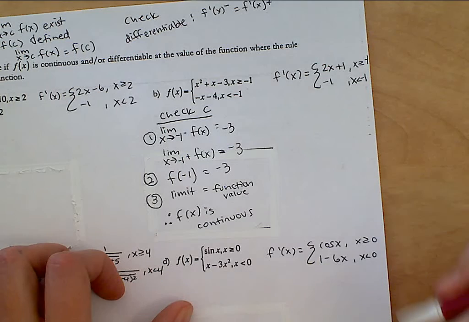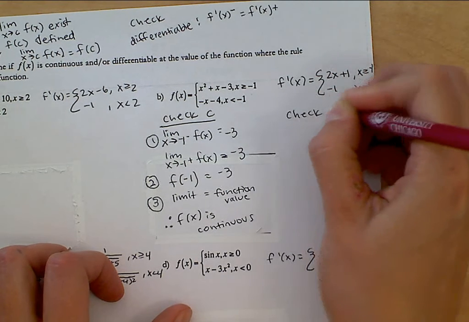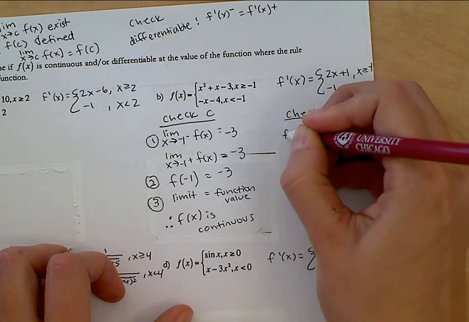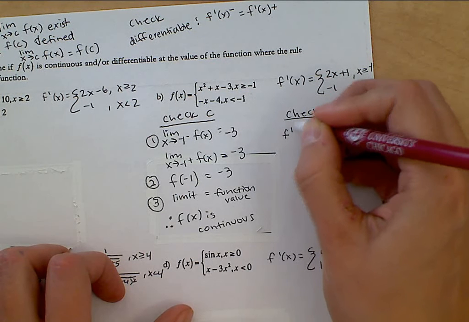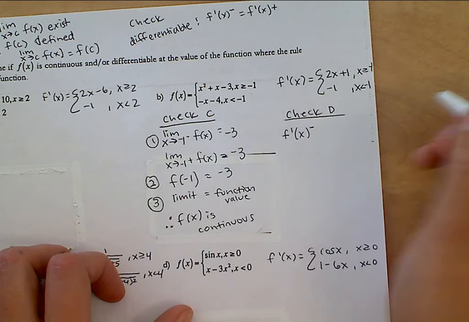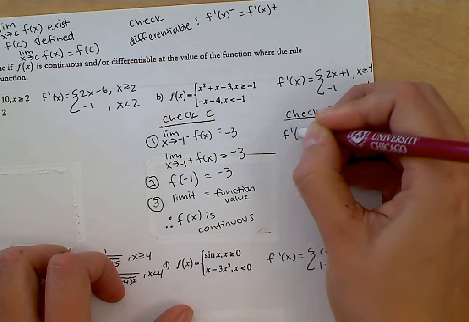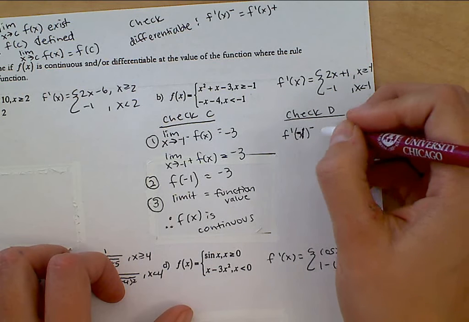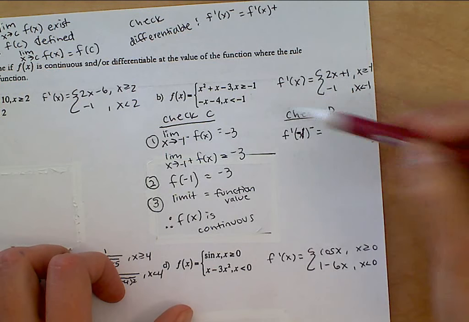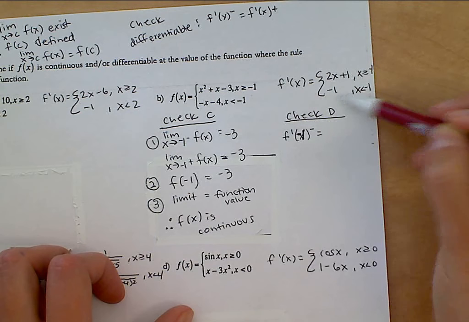Just because I know it's continuous doesn't mean I know it's differentiable, so we have to check that. Let's check the derivative to the left at -1. Instead of writing x, I can write -1 in here. The derivative of f at -1 from the left uses this bottom derivative, and that is equal to -1.